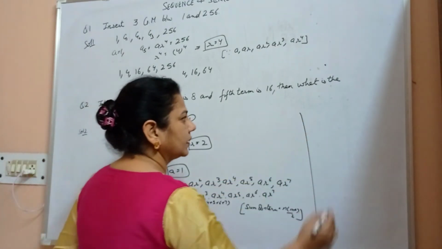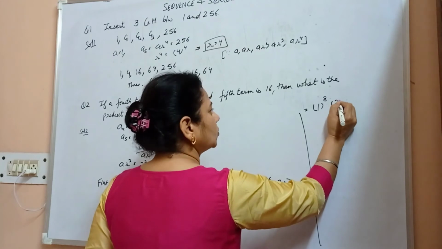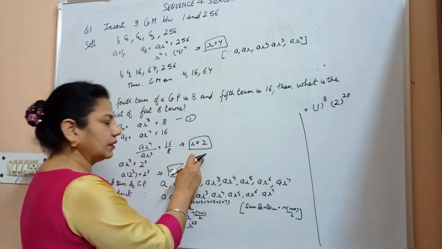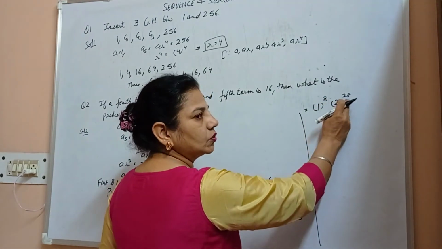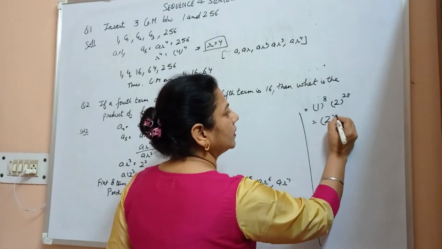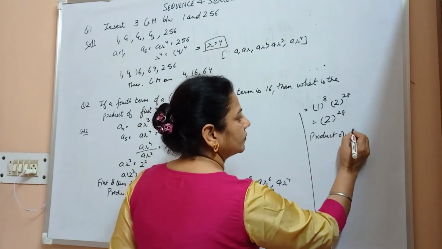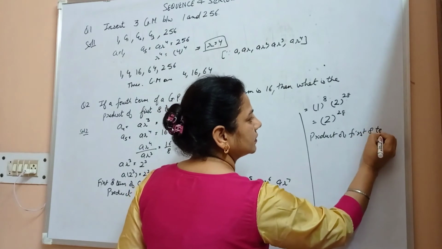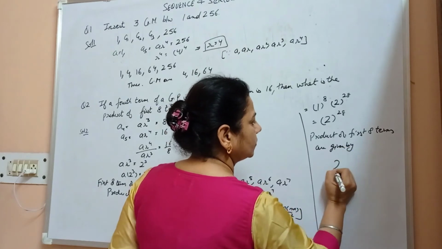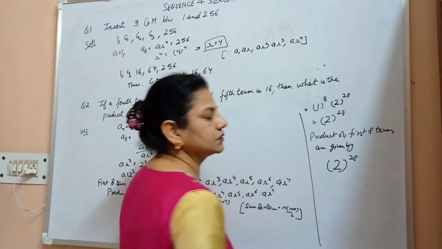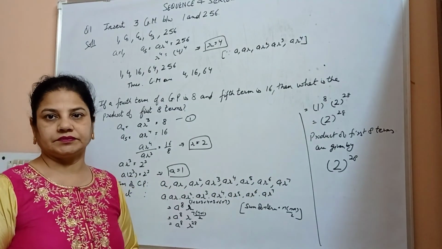A is 1, so 1 to the power 8 into 2 to the power 28, because my common ratio is 2, which is equal to 2 to the power 28. So the product of the first 8 terms is given by 2 to the power 28. This is my answer.